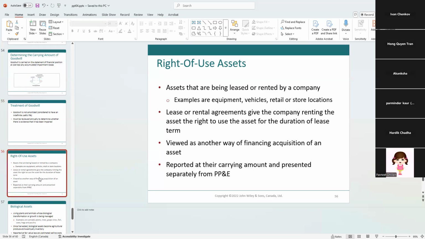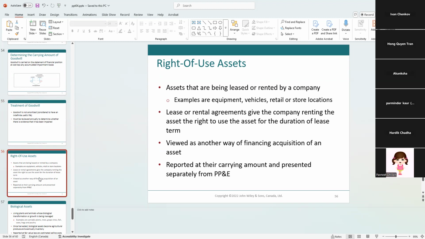So what will be those assets? Well, most of the airlines, they don't purchase the airplanes. They lease the airplanes. In other words, they're renting the airplanes.